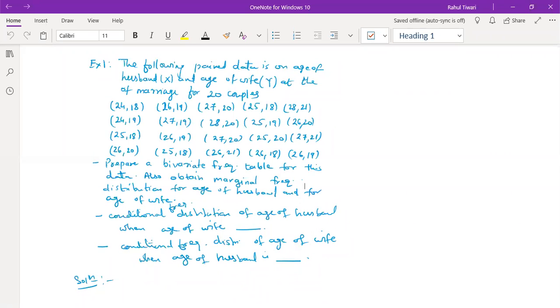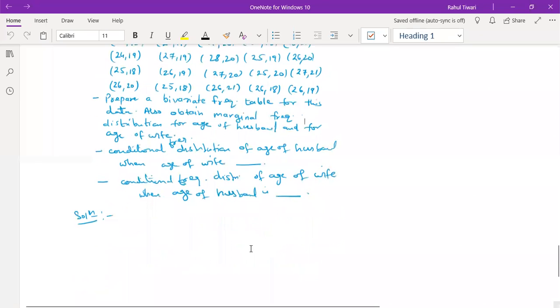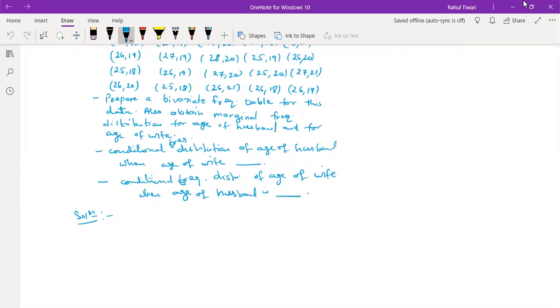For that purpose we need to draw a bivariate frequency table. So let's first draw the bivariate frequency table.